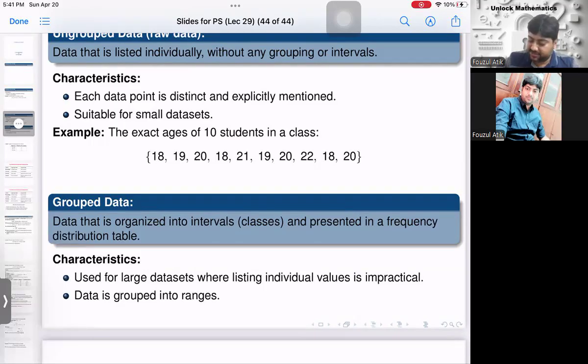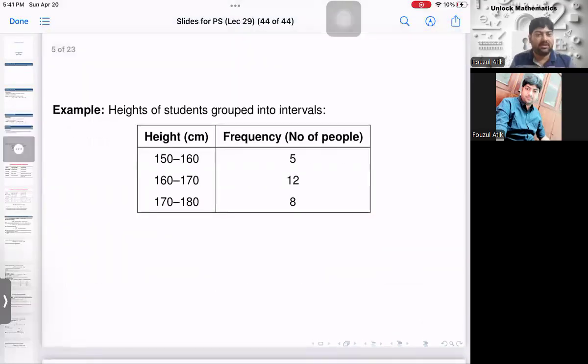Now the example is, look at that. The height of students grouped into intervals. Between the height 150 to 160 centimeters, there are 5 students. The height may be 151, 152.3, 159, like that.